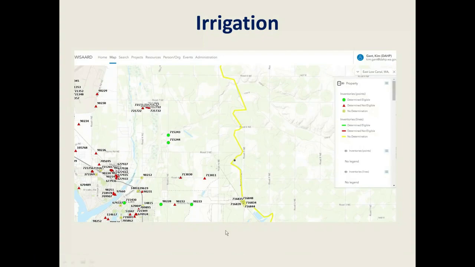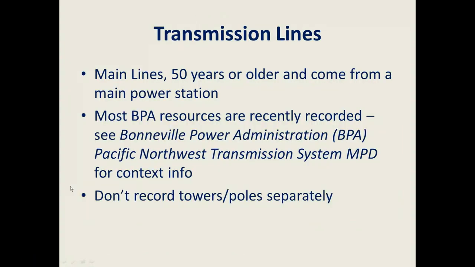For transmission lines, only record main lines that are 50 years or older and that come from a main power station. FYI, for those of you who work in the field, most BPA power lines are already recorded. You can see the Bonneville Power Administration's Pacific Northwest Transmission System multiple property document for context information, so you don't have to reinvent the wheel there.